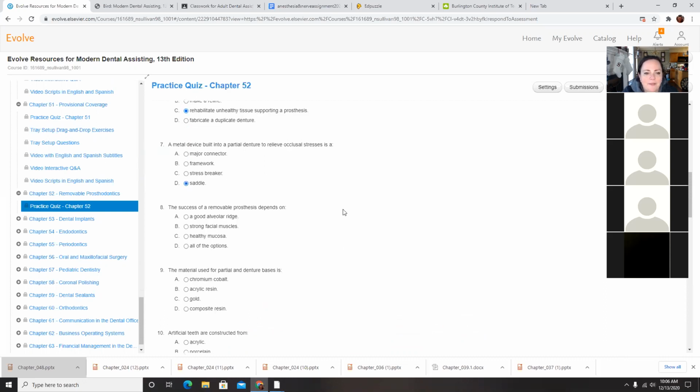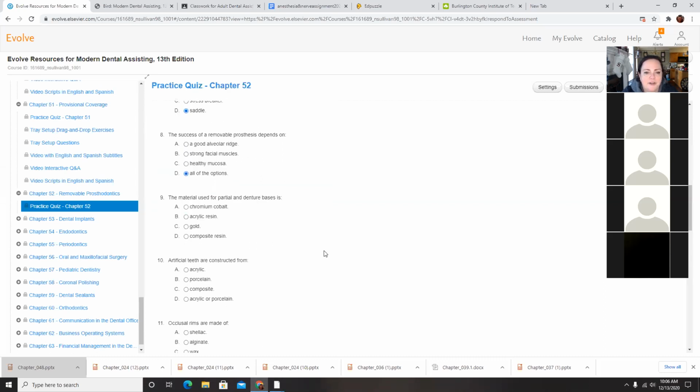Saddle. The success of a removable prosthesis depends on... Would it be D? The material used for partial and denture bases is... B.